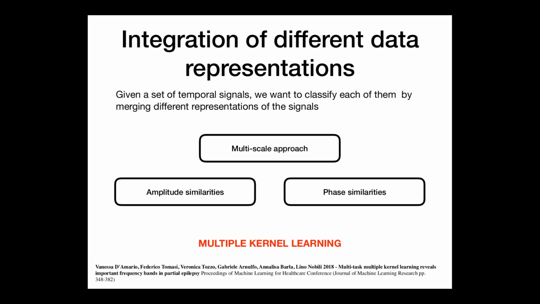So you have multi-scale coefficients, and you want to integrate all the multi-scale coefficients in a classification task, or you have amplitude similarities or phase similarities, and you want to put everything together. There are many methods that perform that integration. We use multiple kernel learning, which we found nice.